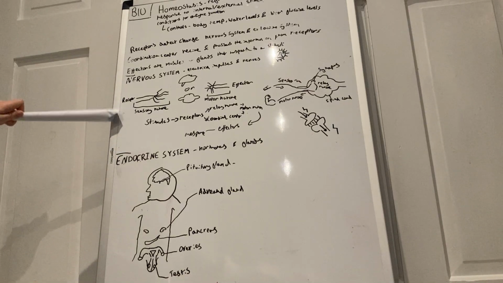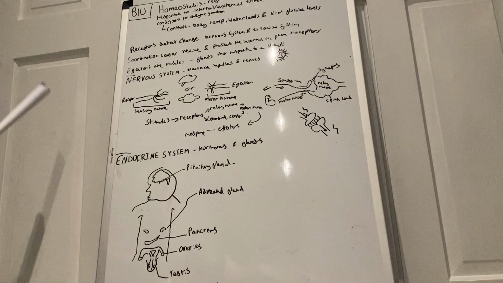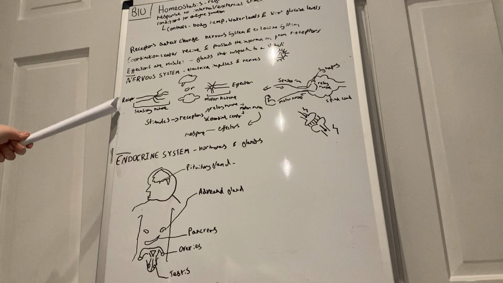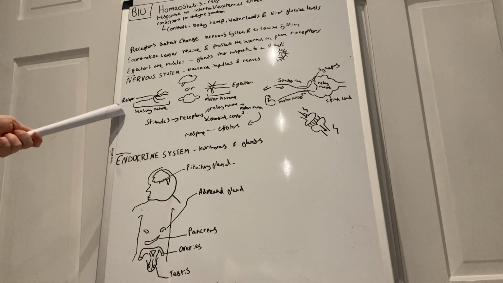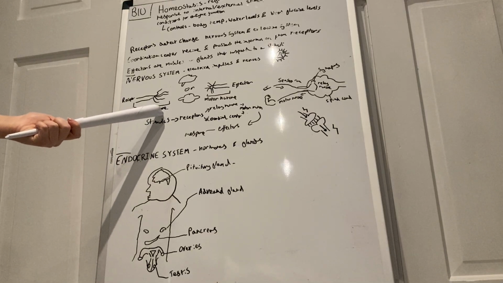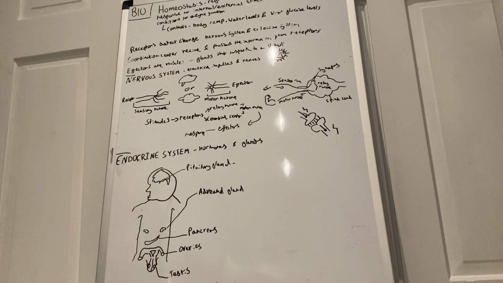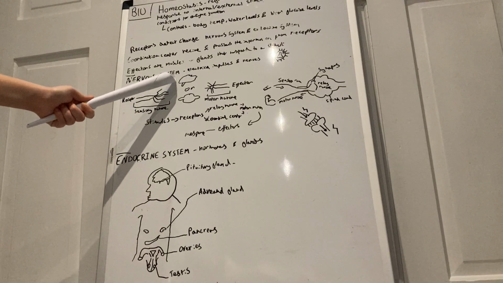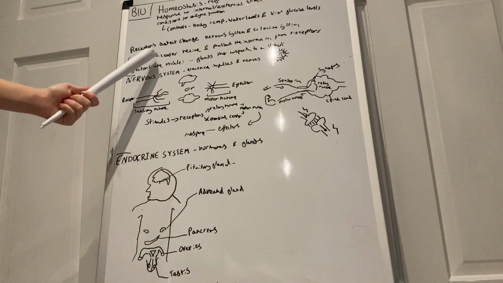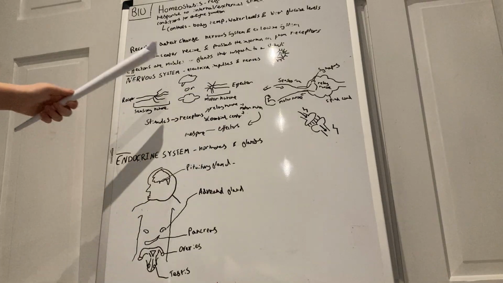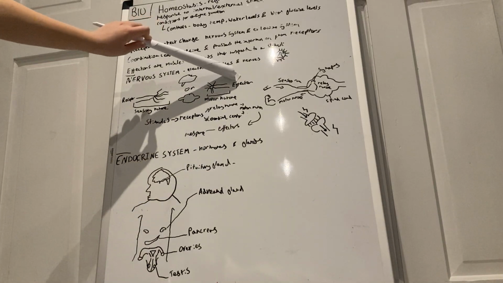The receptor detects a change in your stimulus, which is a change in your environment, and it sends the electrical impulse to your sensory neuron. Neuron is just the singular word for a nerve, right? So it's just a neuron, that's what we call it. So from your sensory neuron, it goes to either your brain or your spinal cord, which are your coordination centers, right? Your brain and your spinal cord. After that, it goes to your motor neuron, and then it goes to your effector.